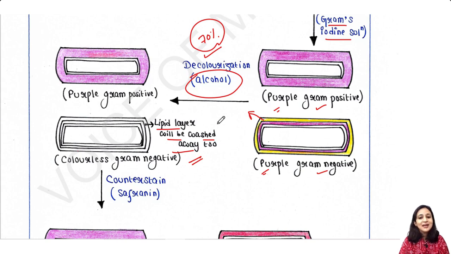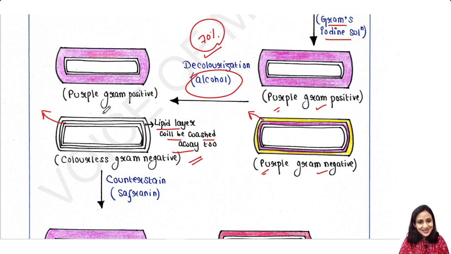And when the lipid layer is washed away, the next layer, the peptidoglycan layer that is present here, is exposed. This peptidoglycan layer is very thin, and in this layer the stain was fixed.